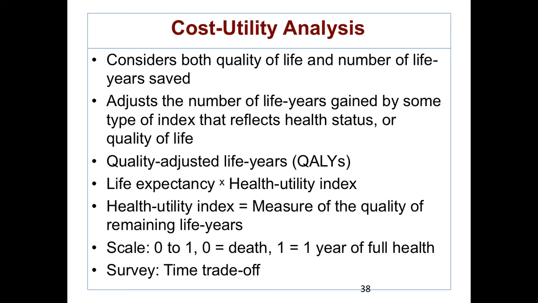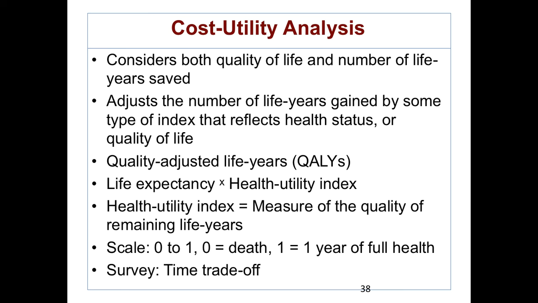Therefore, economists came up with another economic evaluation by creating a unit index in terms of cost utility analysis. Cost utility analysis considers both quality of life and the number of life years saved.